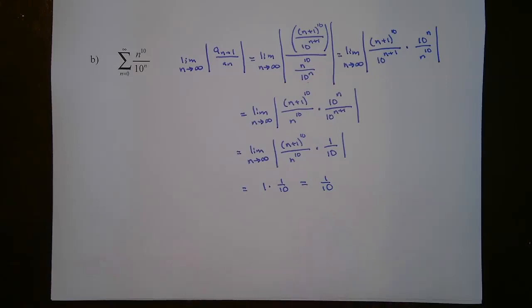That's less than 1. When using the ratio test, if that limit comes out to be less than 1, then we know the series converges. And it's going to converge for all x values, and really, even this problem doesn't have any x values.